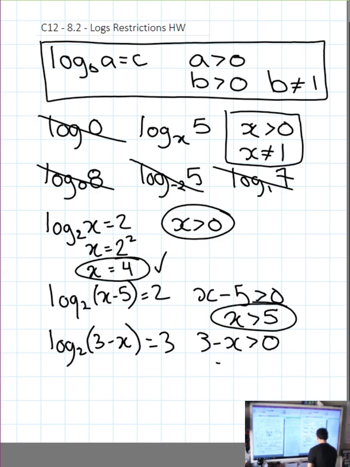Now I'm going to subtract 3 from both sides. Now I'm going to divide by -1. And I remember, if I divide both sides by -1, I need to change the direction of the sign. So x needs to be less than 3.